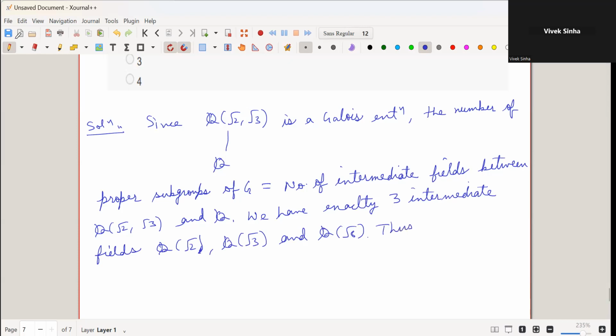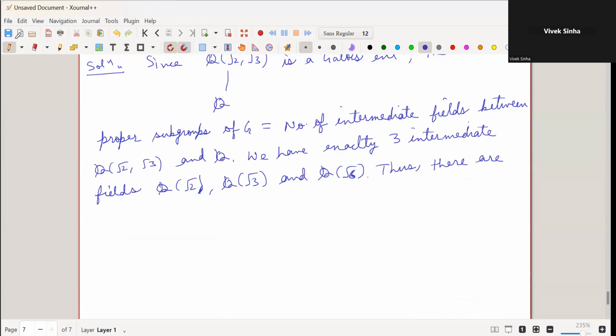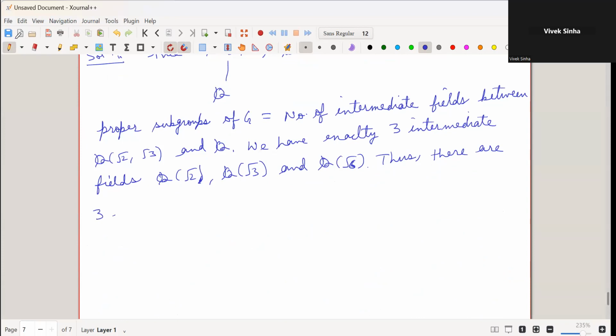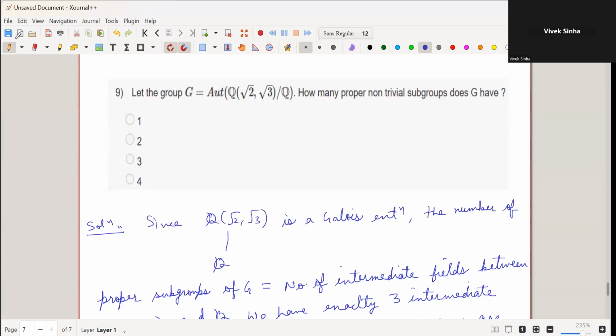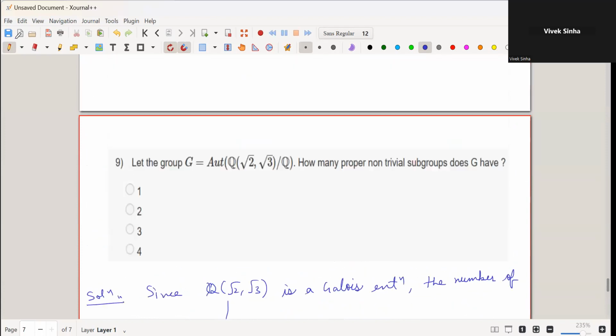Thus, there are three proper non-trivial subgroups of G. Right? So 3 is the correct option.